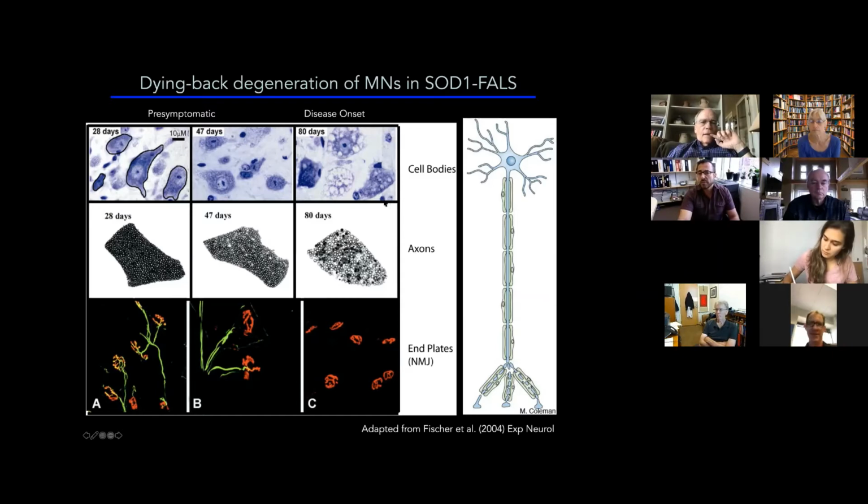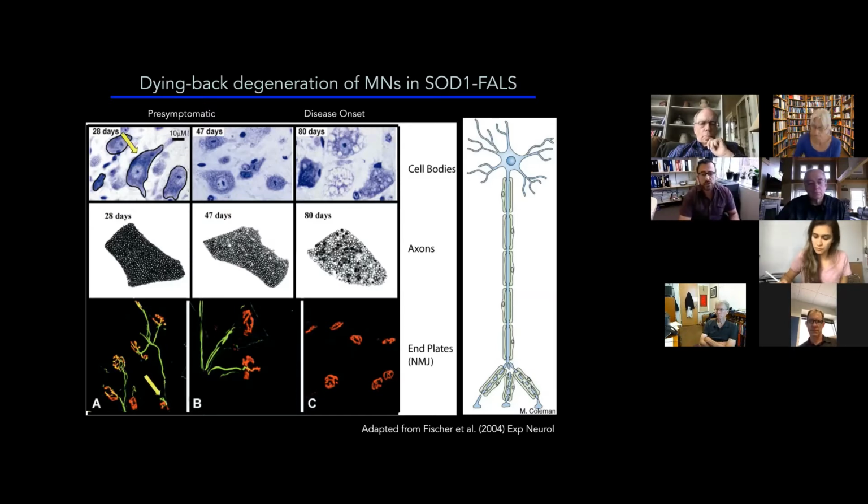What this made very clear, something that was already established for a number of years but brought to an animal model with much more detailed study, was that the neurons that degenerate in ALS degenerate with a pattern known as dying back.